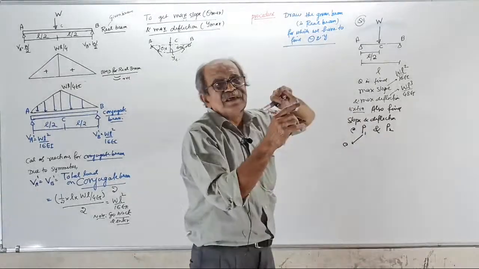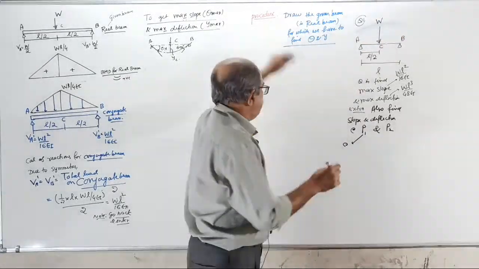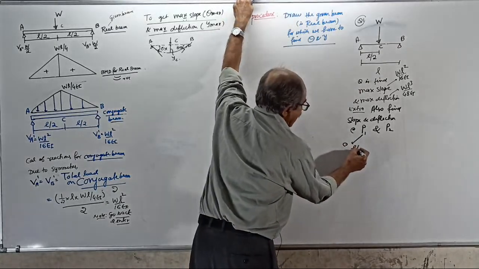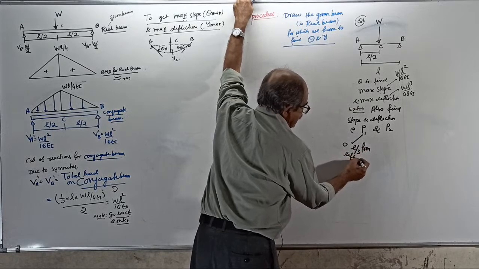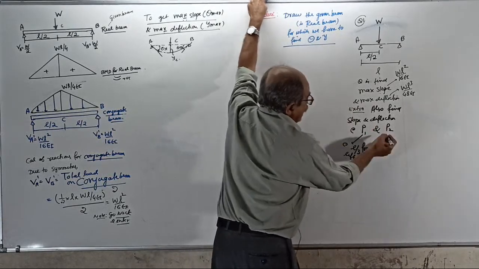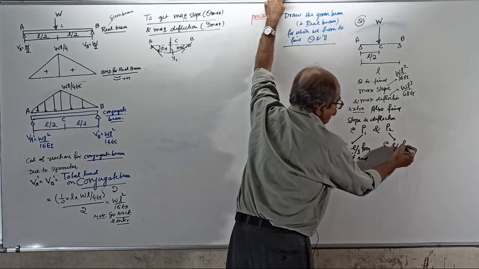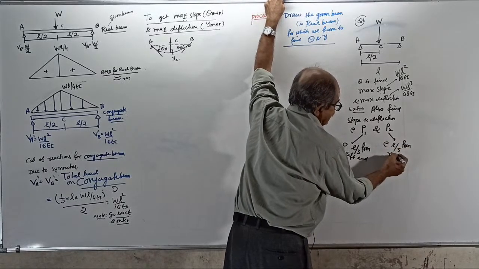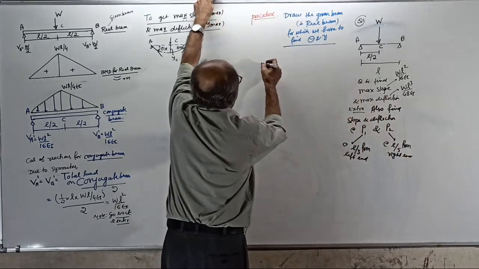Before coming to class, I saw the moment area class just now. I remembered P1 is at L by 3 from the left hand, and P2 is at L by 5 from the right hand.